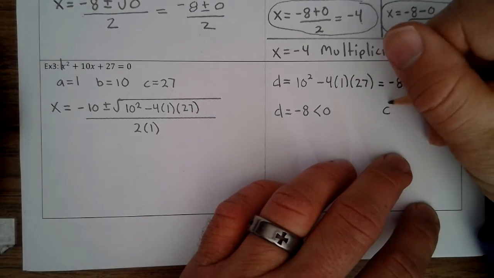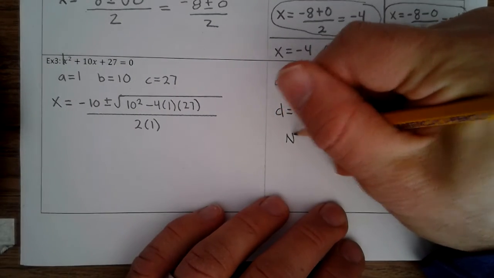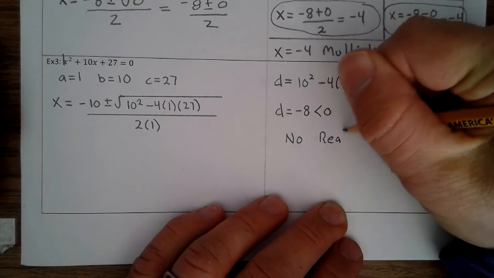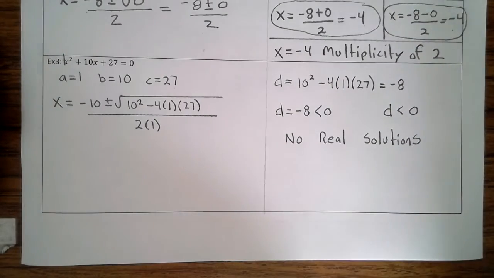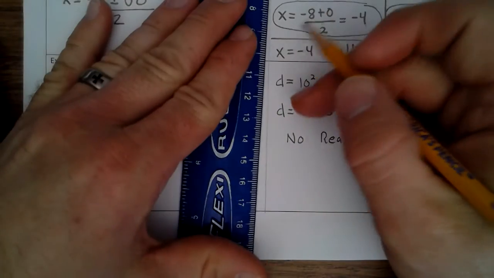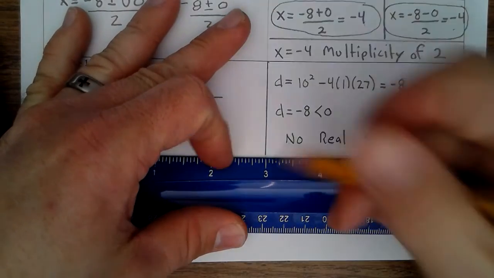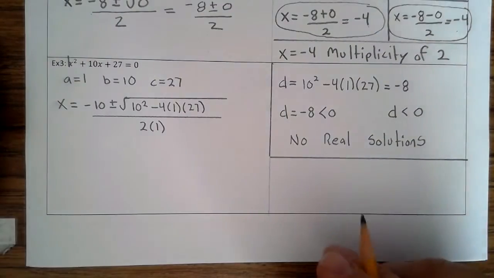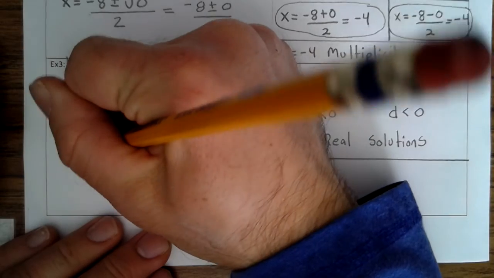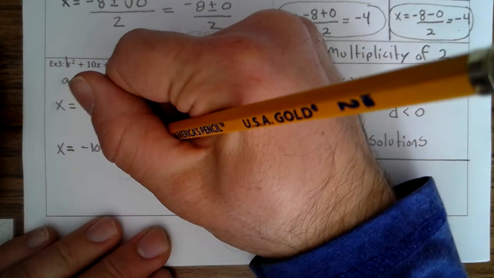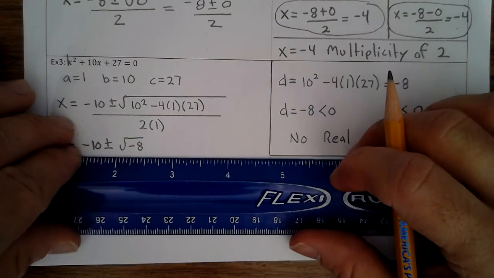When the discriminant is less than 0, we know that there are no real solutions. So we have x equals negative 10 plus or minus the square root of negative 8, divided by 2.